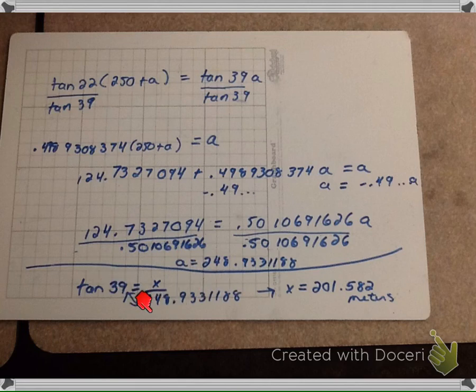I can cross multiply, and I'm going to get, on this side, x equals, and if you cross multiply tan of 39 times 248.9331188, you'll get 201.582 meters. And I'm rounding to the nearest thousands place because it said to round to 3 significant digits.